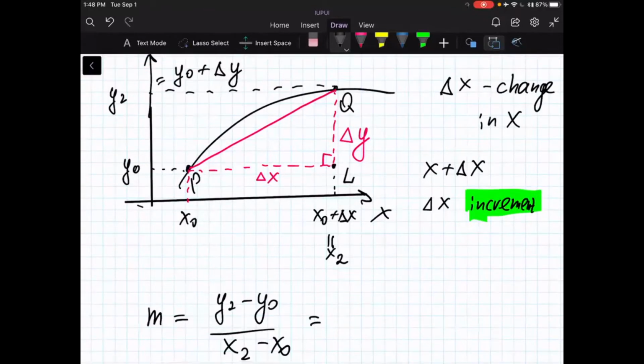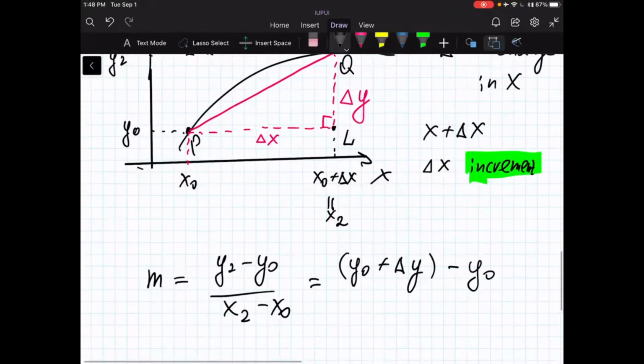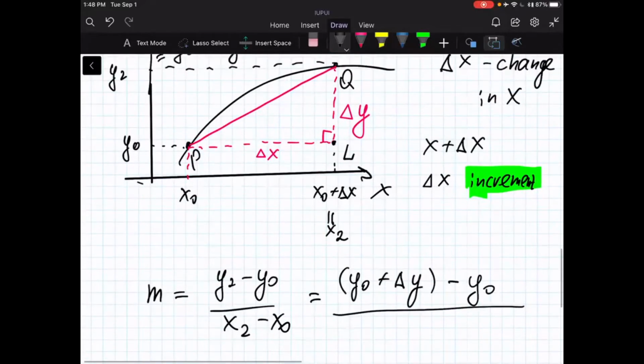We decided that y2 is the same as y0 plus some delta y, and then I have minus y0, and divided by x2, which is again x0 plus delta x minus x0.